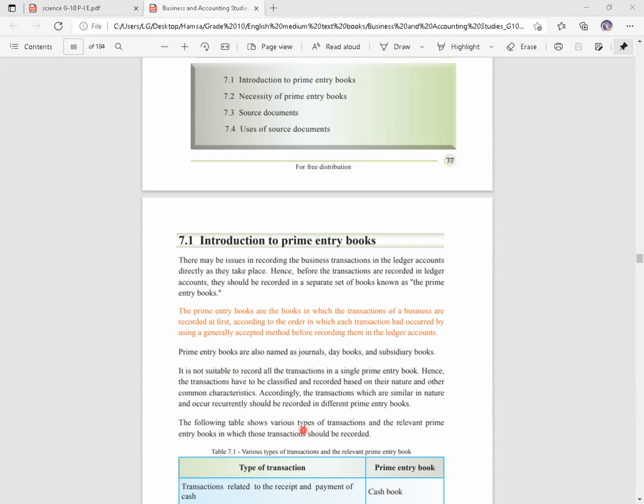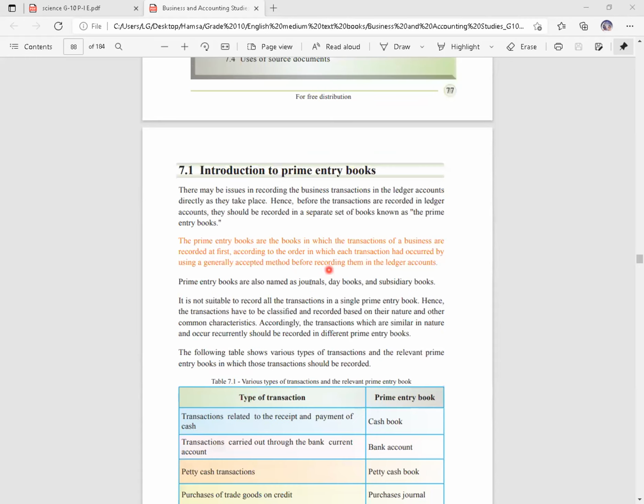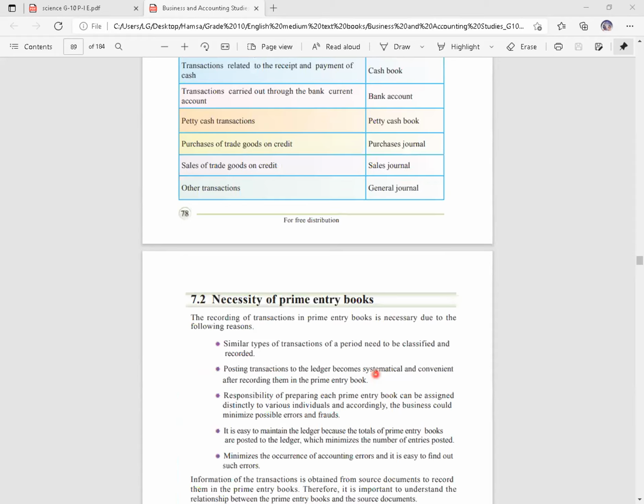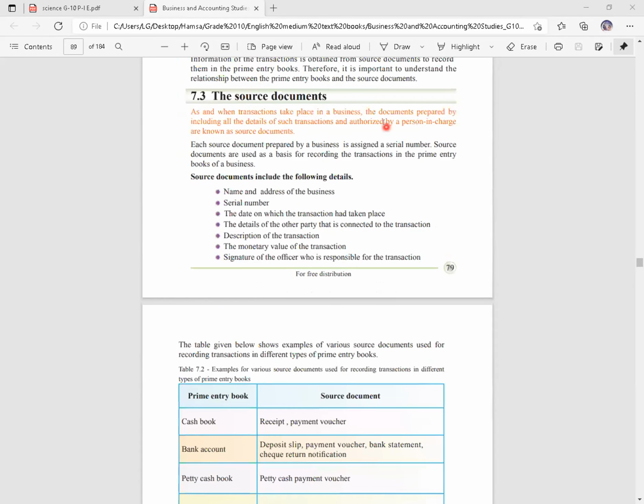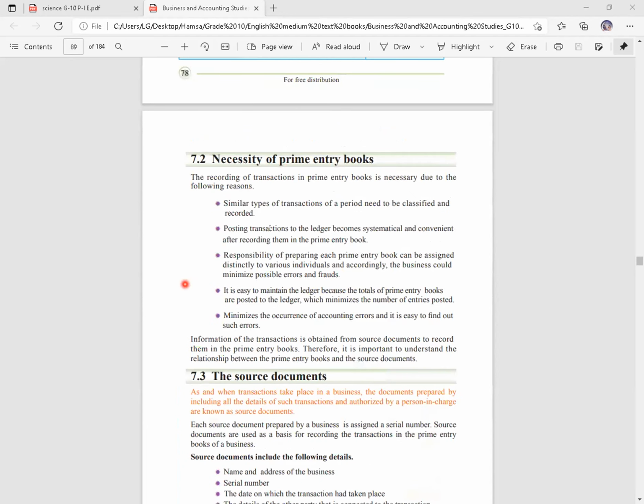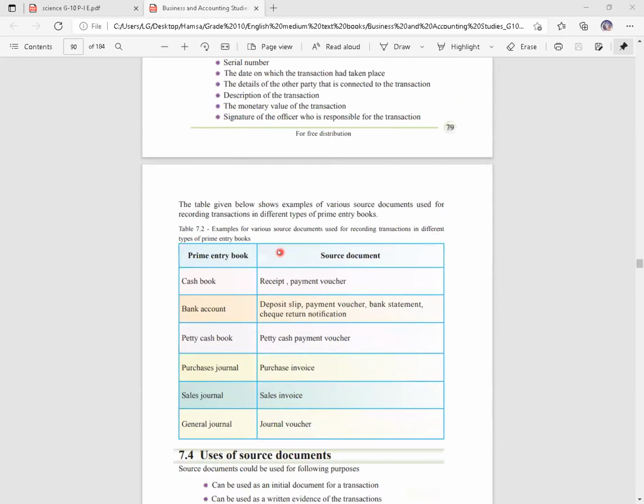Otherwise, you will mess up everything, right? If you go straight to the main ledger accounts, you will be messing up everything. Once you record in prime entry books, and after that look at the prime entry book and enter into the main ledger book, that will be so nice, and you can minimize all the errors. So we have learned about prime entry books here, the necessity of prime entry books and all.